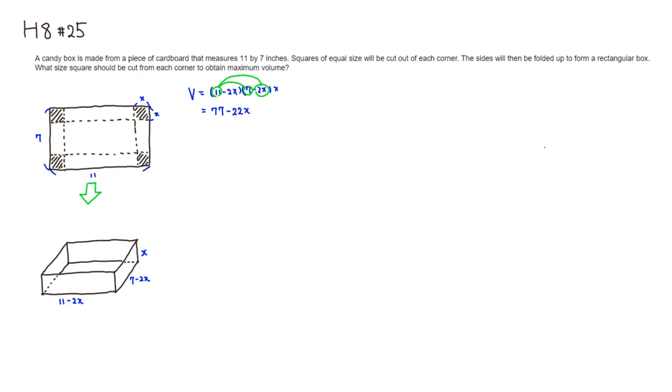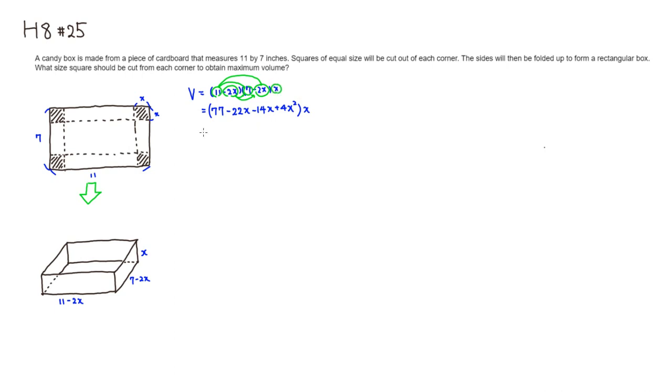Then I'm going to distribute negative 2x to 7 and the negative 2x, so it's negative 14x plus 4x squared. Then you have to multiply by x, so you still have x there.